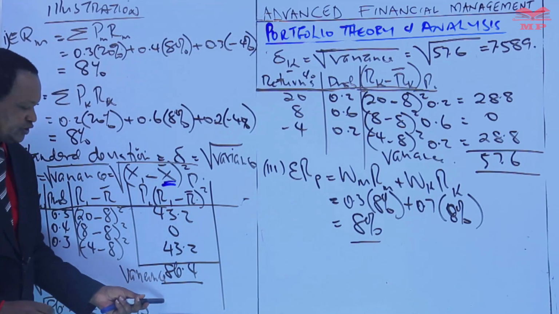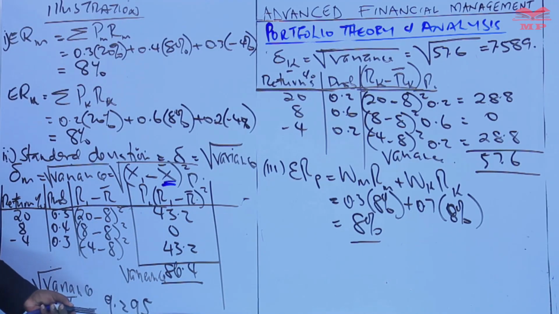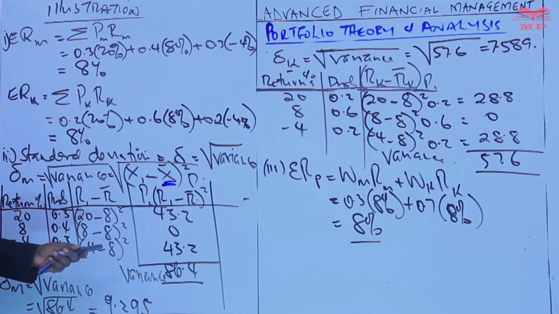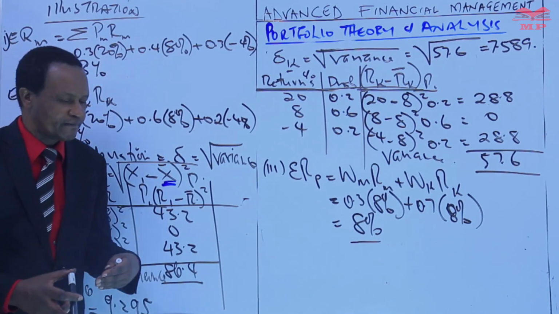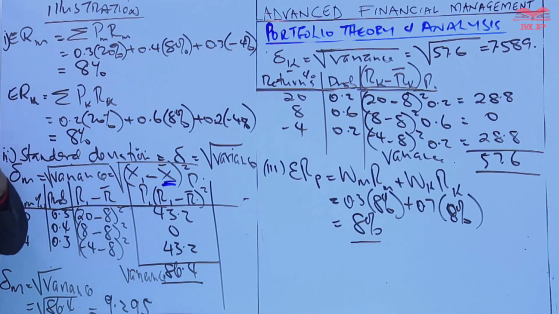These are individual investments. So the standard deviation of 9.295 for security M indicates that its returns have historically fluctuated significantly. That is to say, the security's price can experience large swings both up and down.